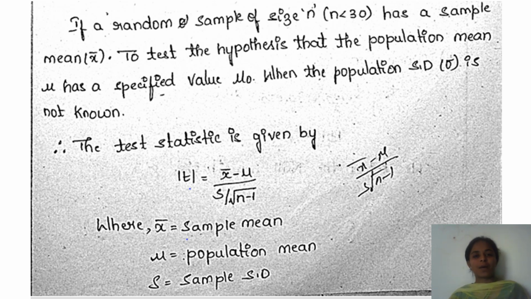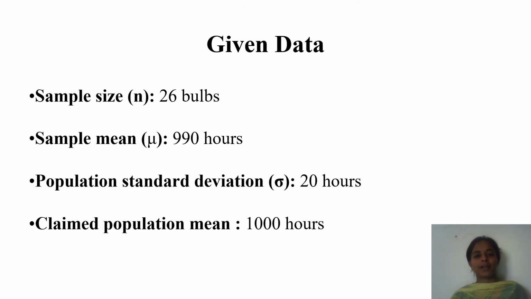If a random sample of size n has a sample mean, to test the hypothesis that the population mean has a specified value mu naught when the standard deviation is not known, the statistic is given by t equals x bar minus mu by s by root of n minus 1, where x bar is the sample mean, mu is the population mean, and s is the sample standard deviation.